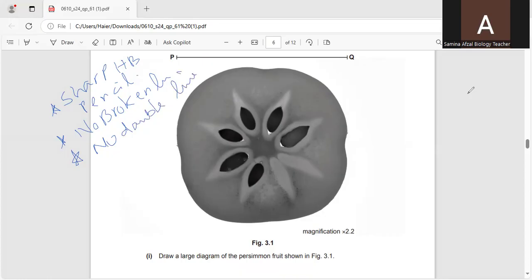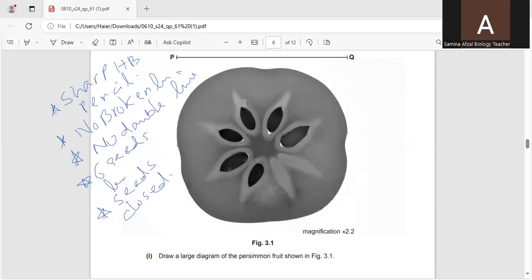And inside you can see 1, 2, 3, 4, 5, 6 large seeds, and 2 seeds which are still closed. All these points should be kept in mind when we draw this figure.